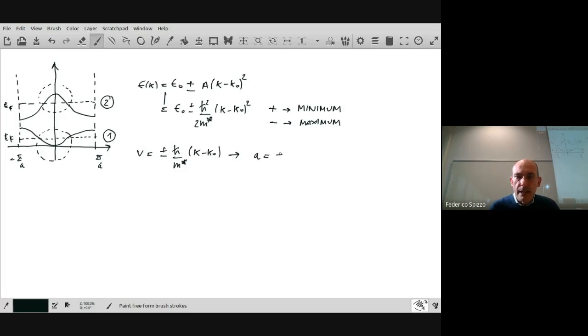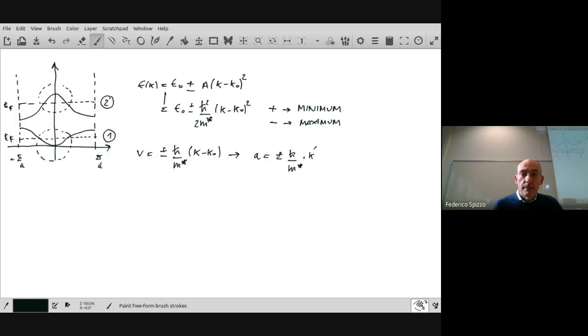And in this case, I have plus or minus h bar divided by m star times the derivative of k. So k may have a time dependence. So in this case, the acceleration is, the derivative of this parenthesis is just k prime.